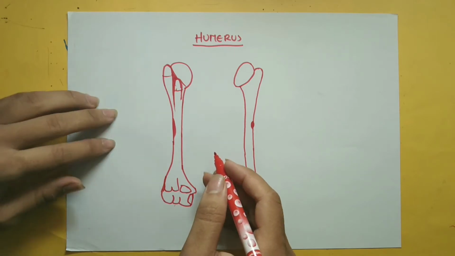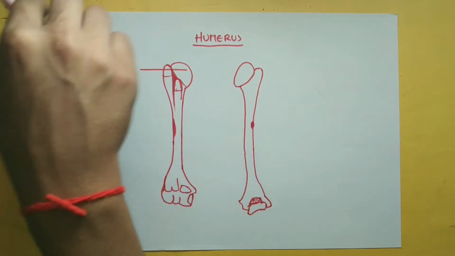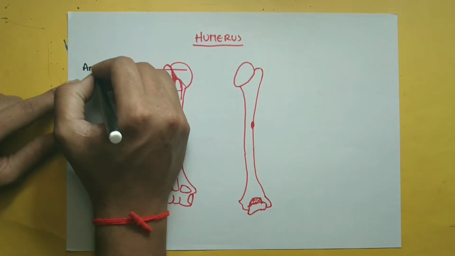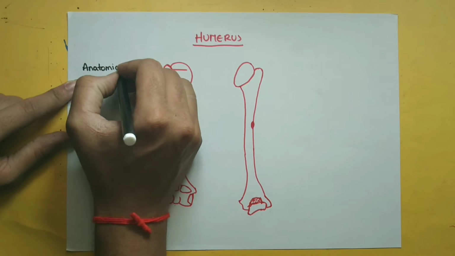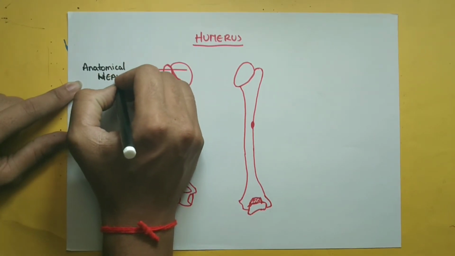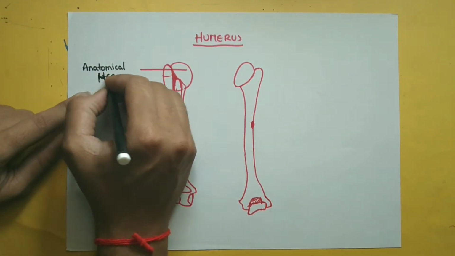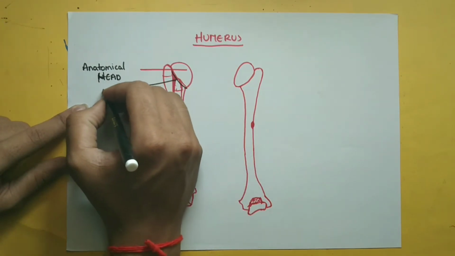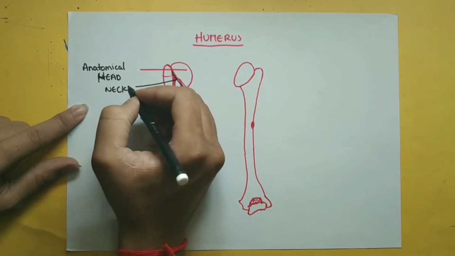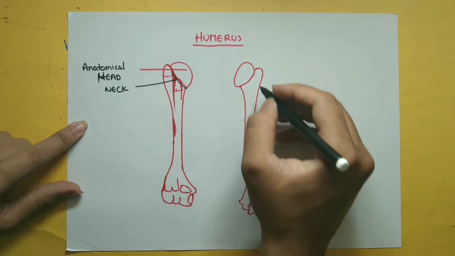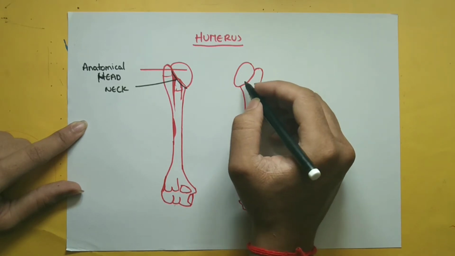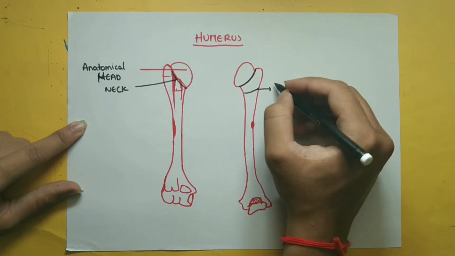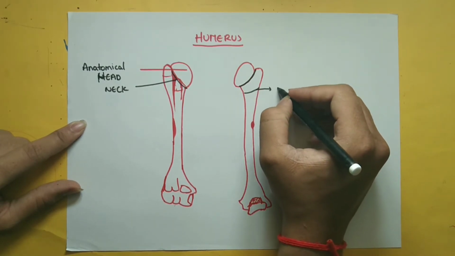As we come from the top, this is the head of humerus, and this is the neck of humerus, and below the neck of humerus, this is the surgical neck of humerus.